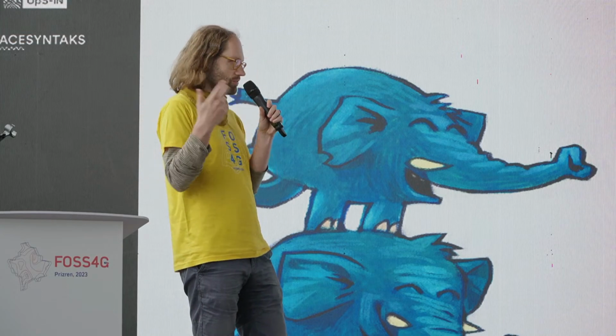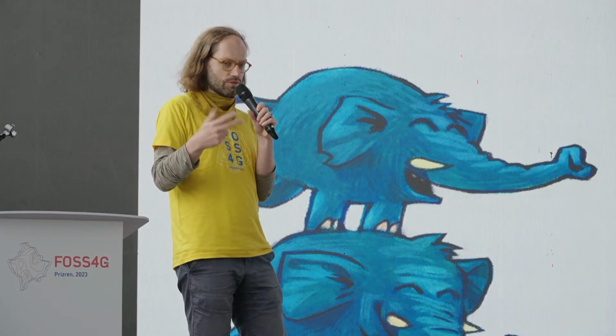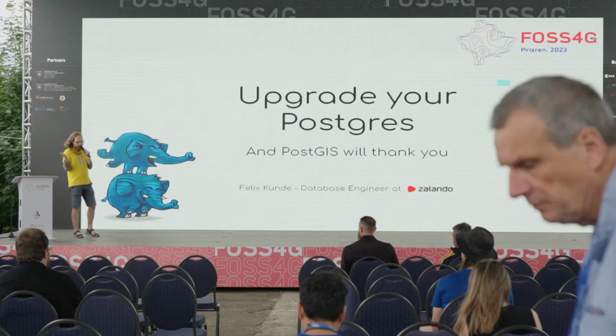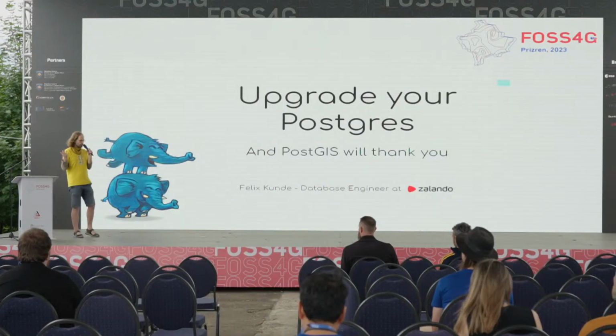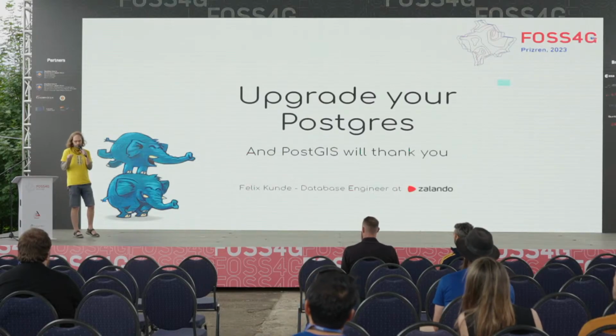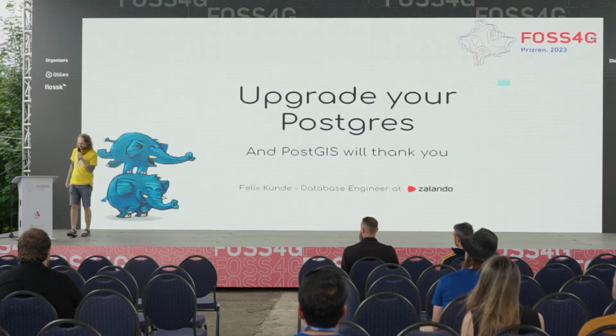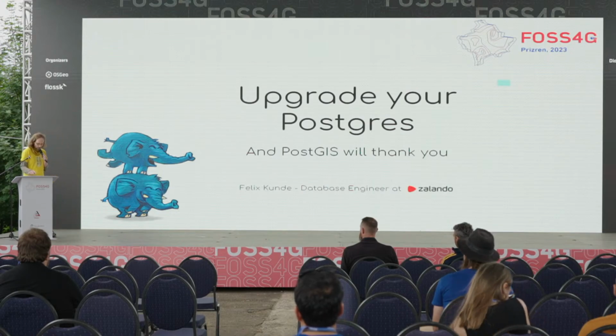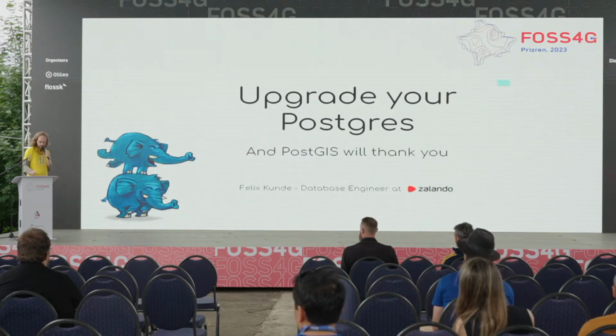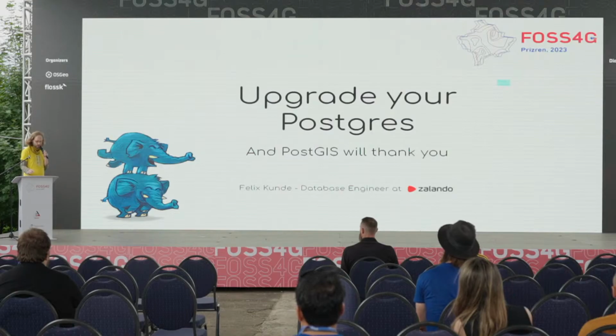In 1 minute, you have a database, backups, and everything. You can change it later on, you can remove it on your own, and you can also upgrade it on your own by just changing the major version. And this talk will now tell you why you should do this every once in a while. I would say maybe at least once a year.